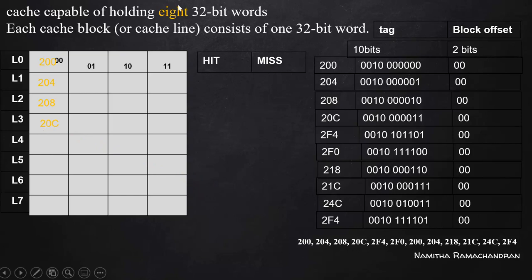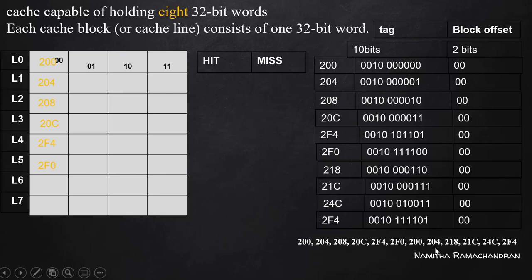All these indicate cache misses. Next is 2F4, again not present, so place it into the next cache line. Then 2F0, again not present, so place it in the next free cache line.